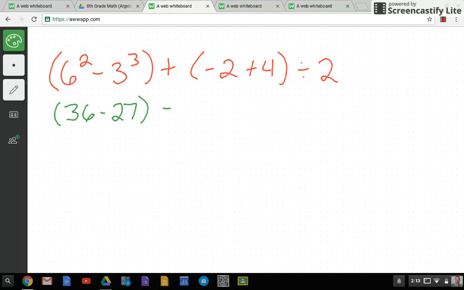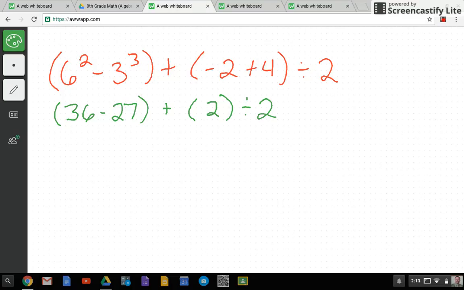So when I add this together right here, negative 2 plus 4, well, that would be just 2. And then we have it divided by 2. Okay, so if you got that, great. You can pause this anytime during the video, work the problem out on your own, and then check it later. I'm okay with that.